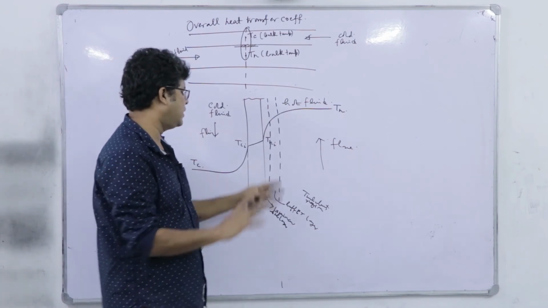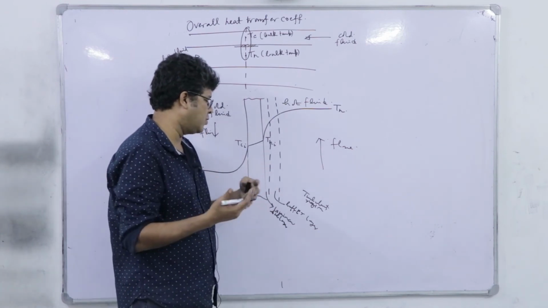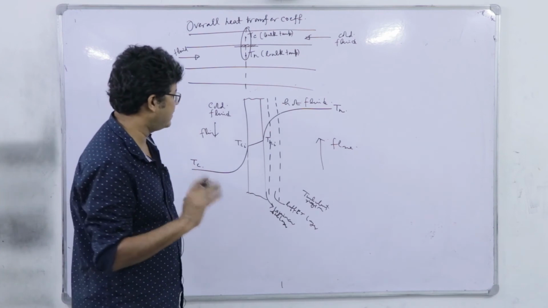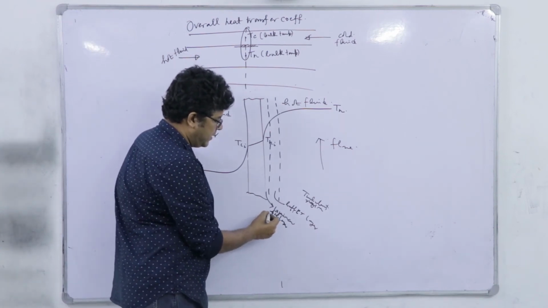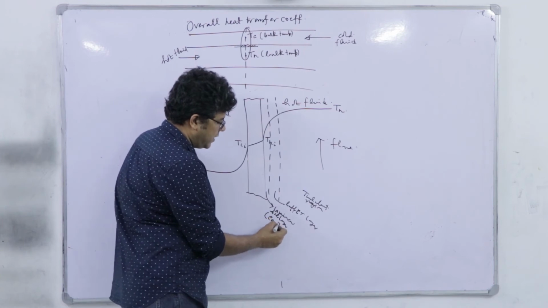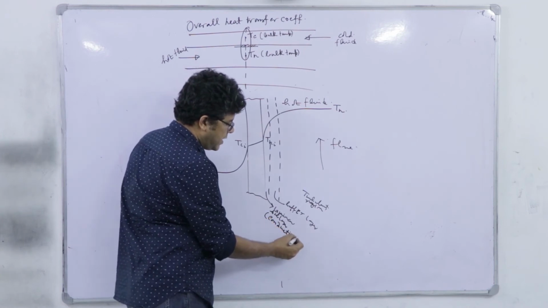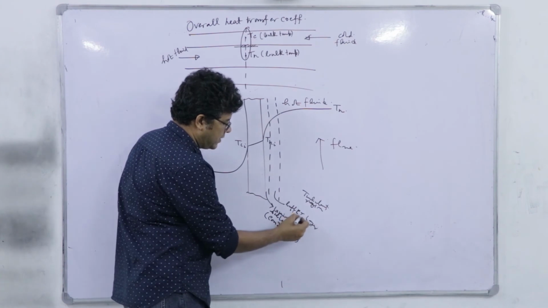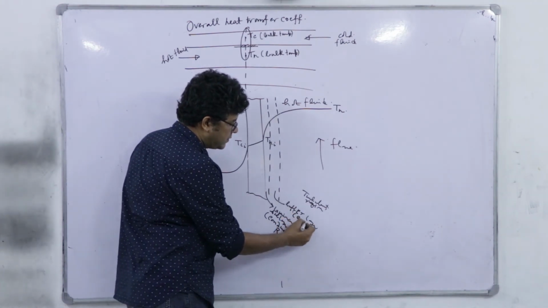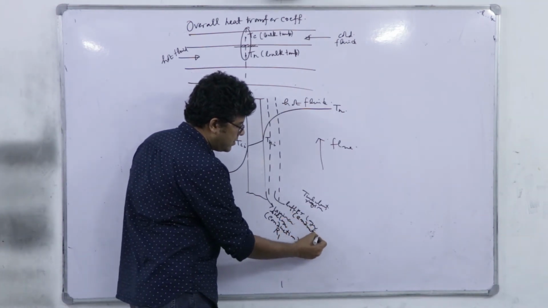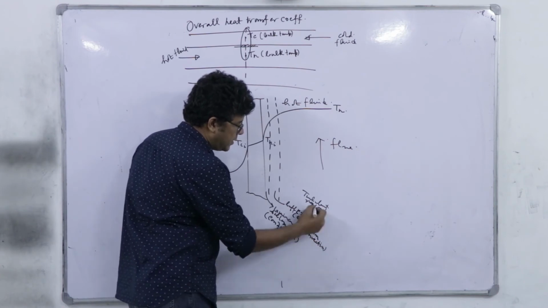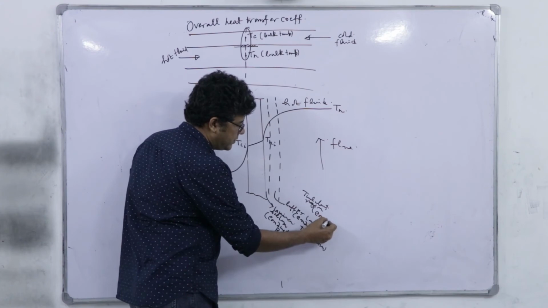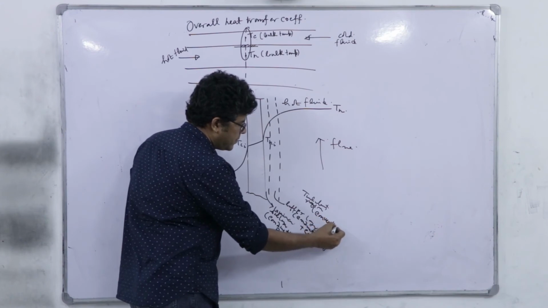So, let us not go into that confusion that it is turbulent core or something else. Let us say it is turbulent region. Now, see, in the laminar sublayer, the mechanism of heat transfer is conduction, and let us say the conductive resistance is R1. In the buffer layer, it is conduction plus convection, and in the turbulent core or turbulent region, it is purely convection, right.